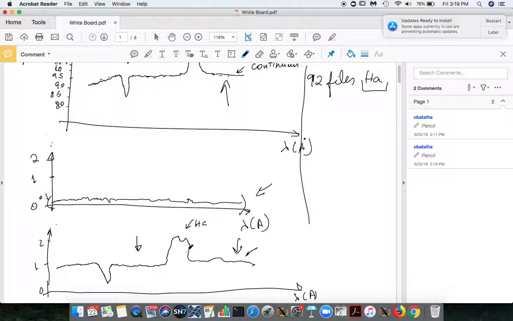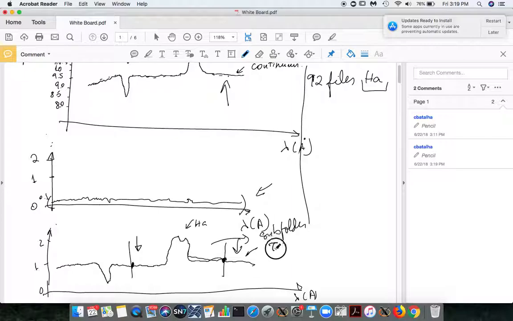Because H alpha is a heck of a line. And this line sometimes, without us knowing, extends to a very large spectral coverage. And then it merges with the continuum, right? So we want to take the entire H alpha profile, and then we want to cut that, and we want to transfer that to a subfolder.